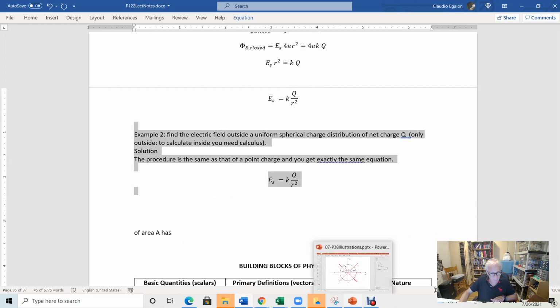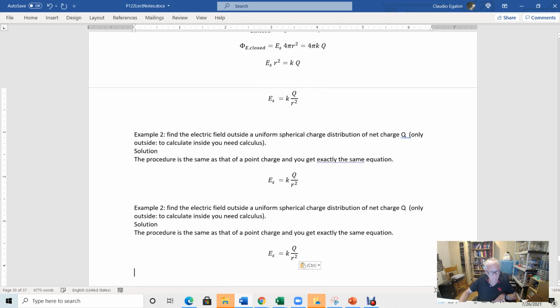What are we going to do next? Now we're going to do a spherical shell. Find the electric field outside and inside a uniform distribution of charges in a thin spherical shell of net charge big Q, both inside and outside.